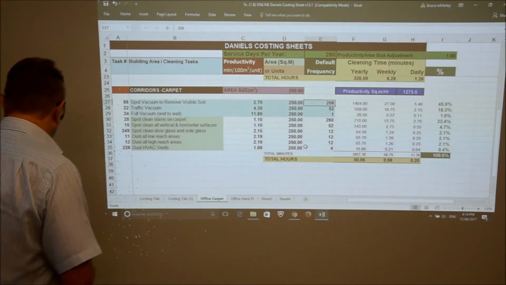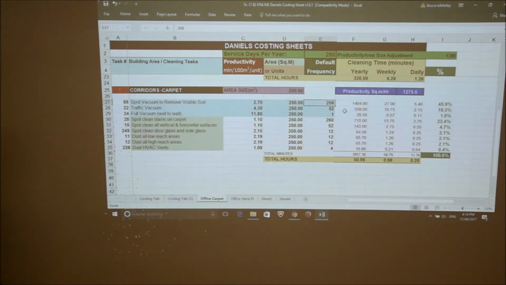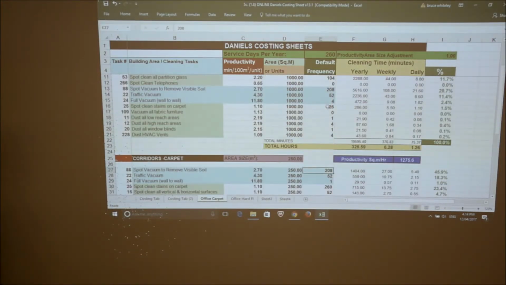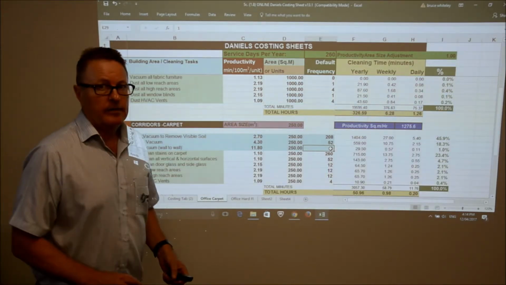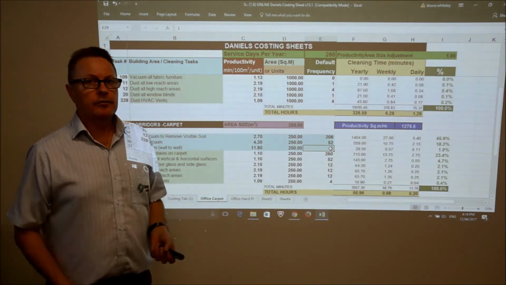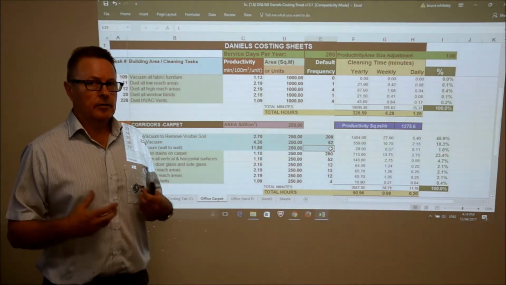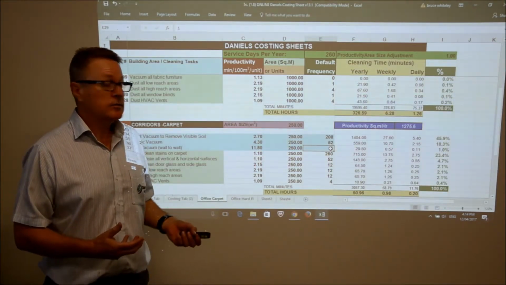Now, the first thing I want to point out to you is there's a bit of an inconsistency there, because we've got a higher frequency of vacuuming in the offices, particularly full vacuum we've got 4 times a year, versus in the corridors we've got once a year. Now, it's logical that the corridors are going to get a lot dirtier and a lot more traffic than the offices.